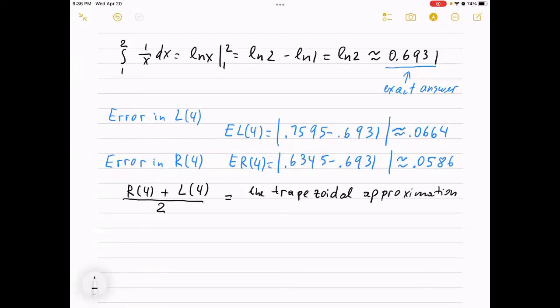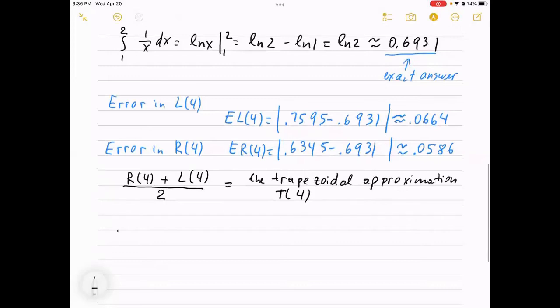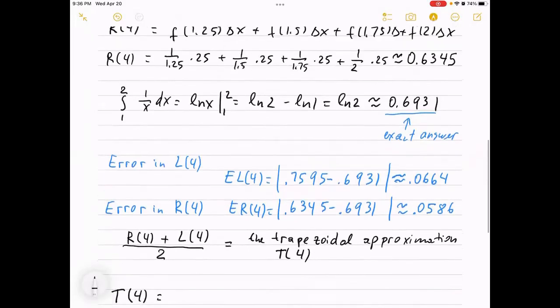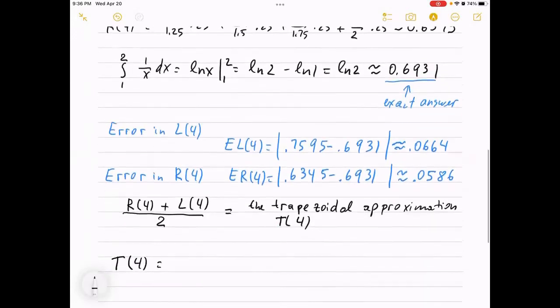We're going to use the notation T4. So let's calculate the trapezoid approximation. It is going to be the average of left, and if you recall, for left we get 0.7595.